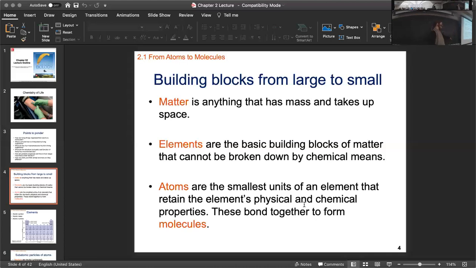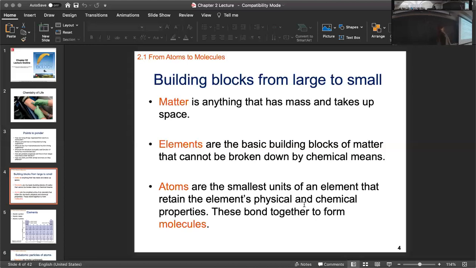Is iron, I'm going to give you some options, a gas or a solid? In its natural form, like if I laid some iron out on the table, what would it look like? It's solid. Yeah, it's solid.